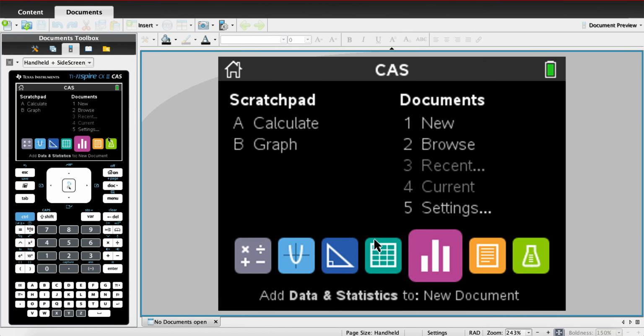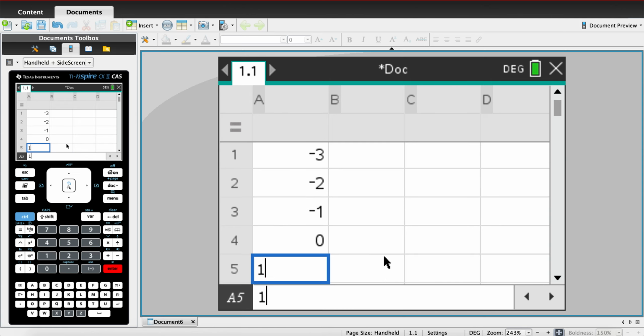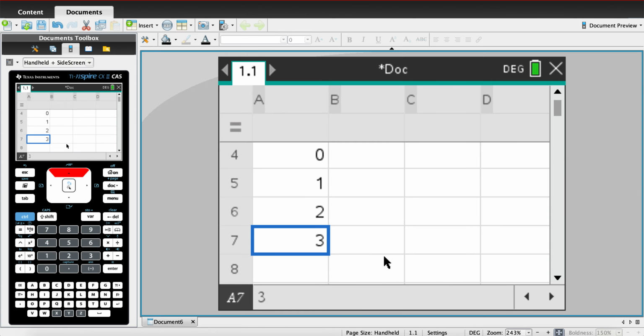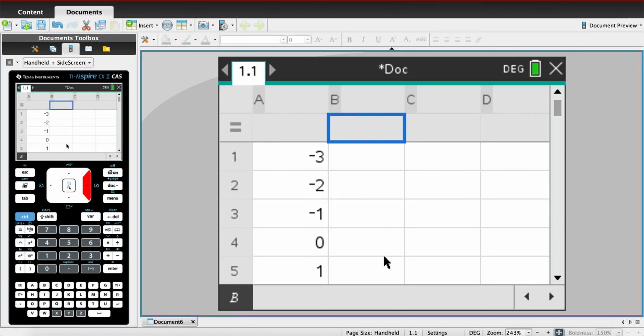I'm going to show you how you can do this in your CAS very quickly. You select a spreadsheet and enter the values: -3, -2, -1, 0, 1, 2, 3, done. Then you enter a formula.